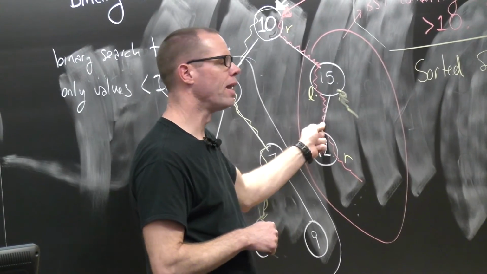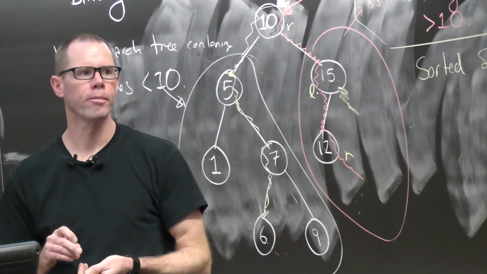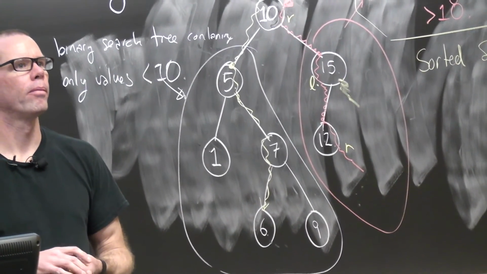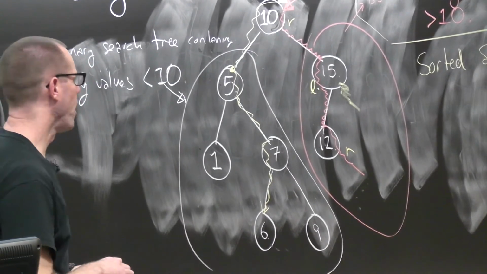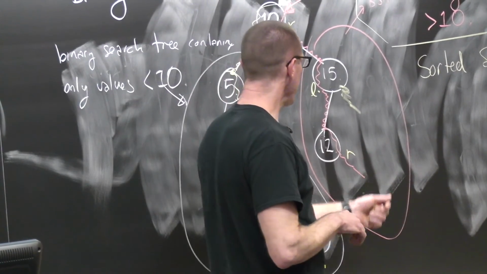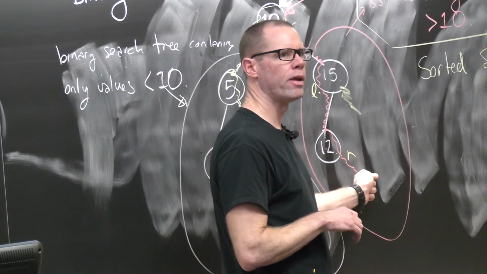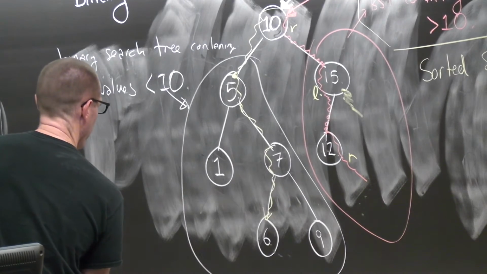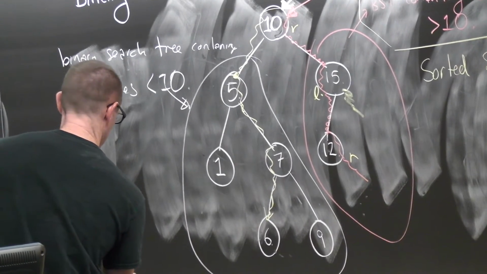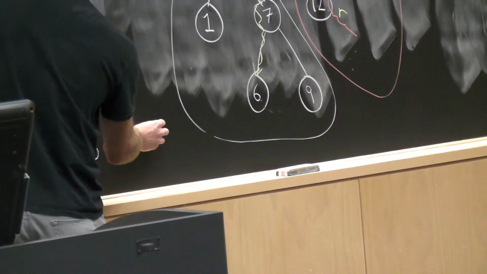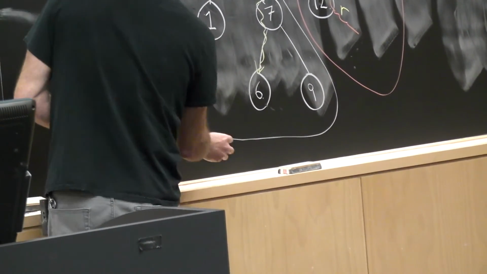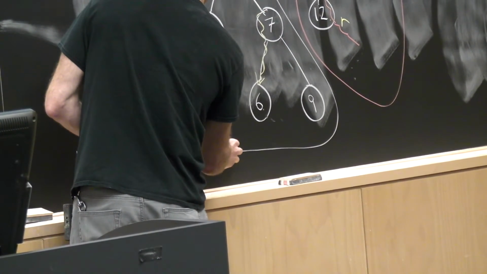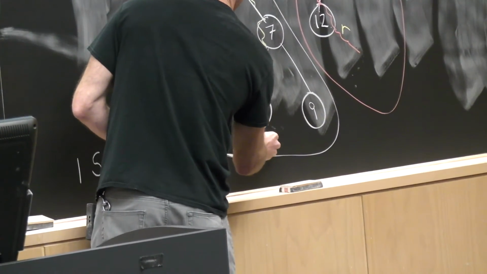So then what about the last place I turn right? Yep. Yeah. So the last place I turn right is the largest value that's smaller than the thing I'm looking for. Right? I mean, let's write these down. 1, 5, 6, 7, 9, 10, 12, and 15.